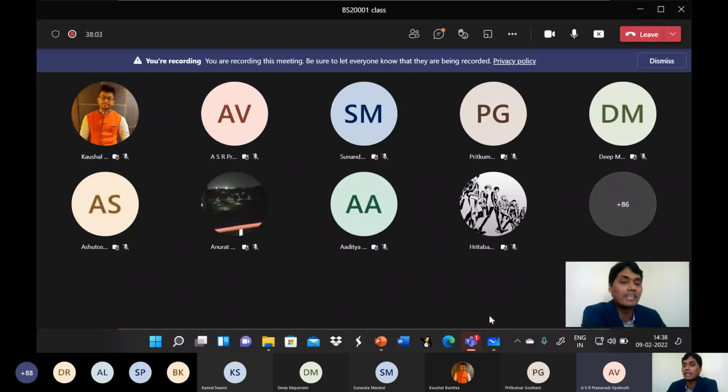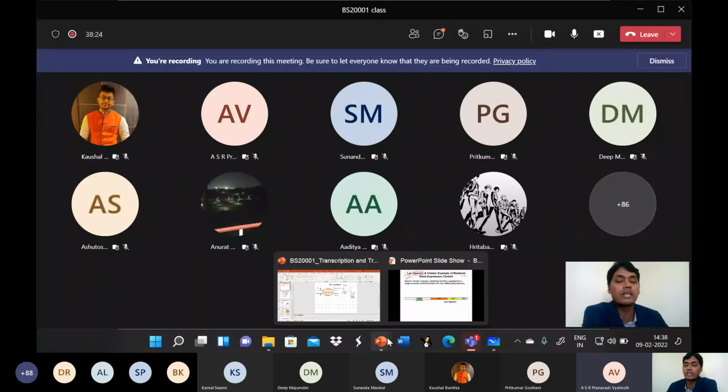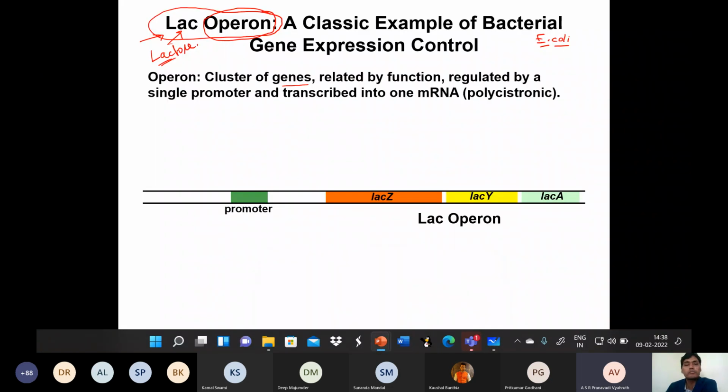First, you need to have the mRNA. That means transcription needs to start first, and then translation, and we get our product, the particular enzyme which will break lactose and make glucose and galactose, right? So it's true for bacteria also. In this case, I will concentrate on the bacterial system, and how it was discovered by those scientists.